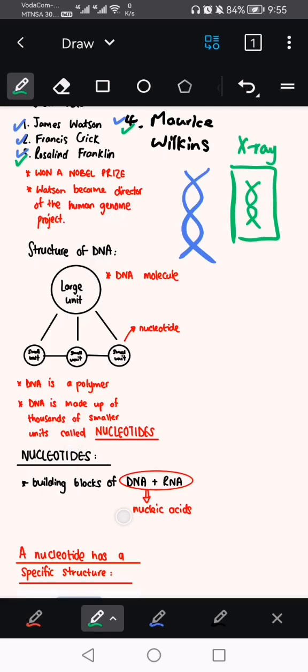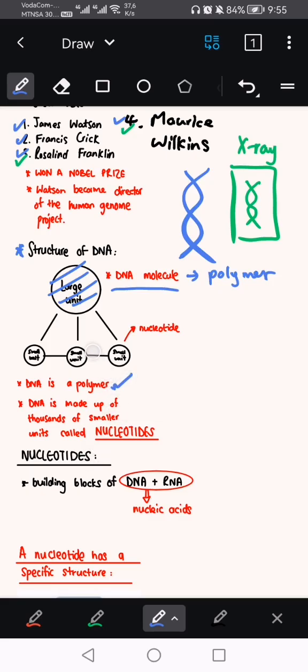Now we're going to get to, this is my favorite part. It is the structure of DNA. Now what I want us to note here is that DNA is the large unit, right? The DNA molecule, which we affectionately call a polymer, which I noted here.